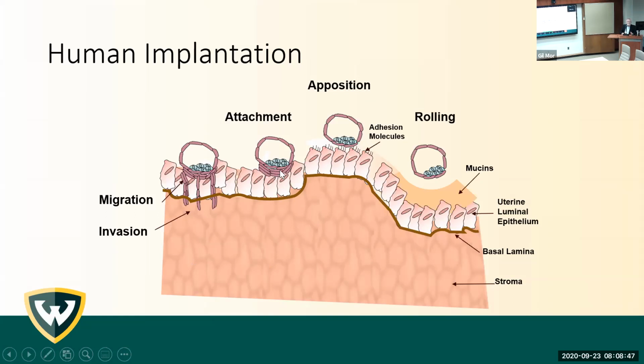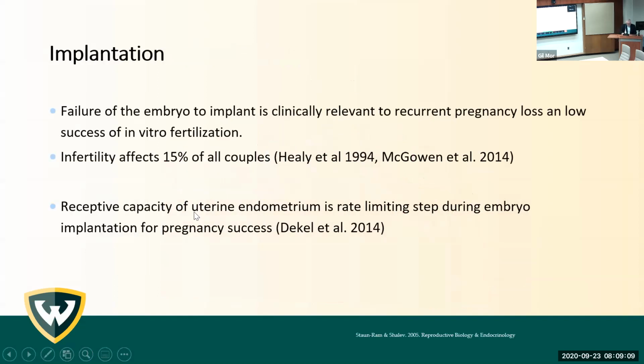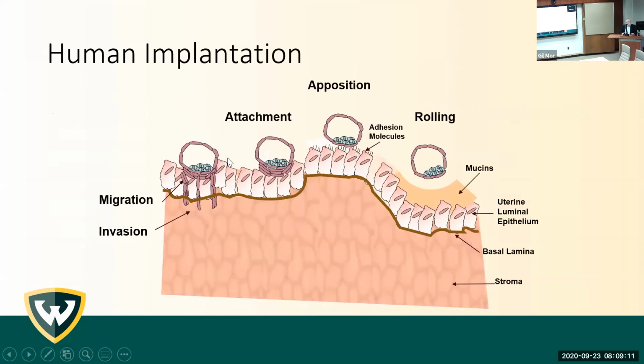But that is just a first stage. It's not even a stage that will confirm the pregnancy. The real pregnancy, or at least the early stage of the pregnancy, what we call the real stage of implantation, is only going to happen when the trophectoderm starts migrating, becoming trophoblast cells. And this migration goes between the epithelial cells and between the epithelial cells and the surface.